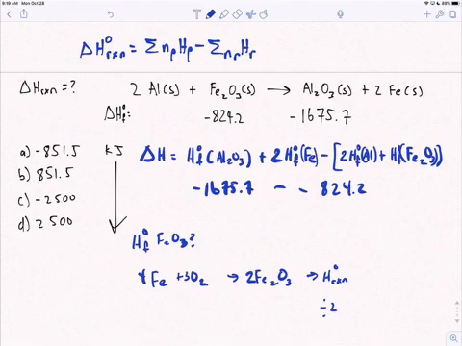I give you the equation, like the one that you just wrote up.